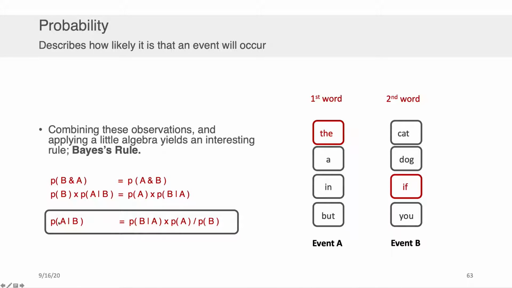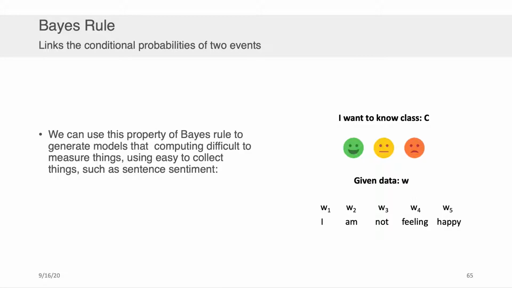The probability of A is referred to as the prior, and the probability of B in the denominator is referred to as evidence.